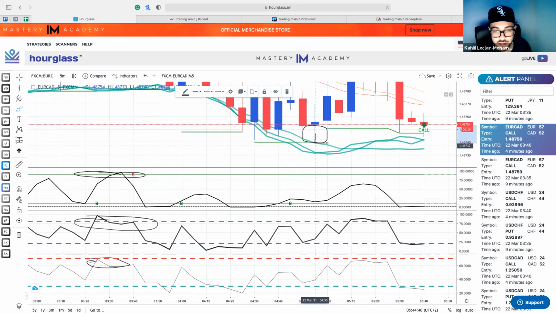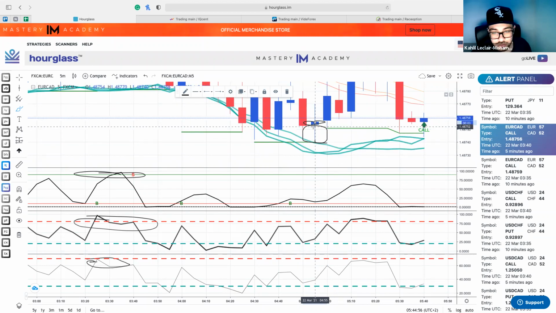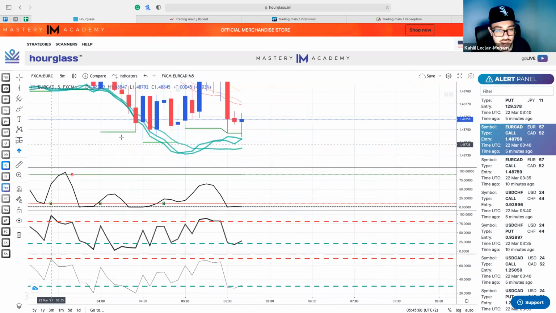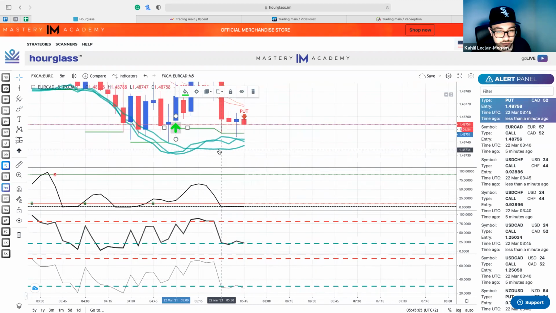You see a very long wick. The wick is longer than the body. So the wick, the stick of the candle, is longer than the body of the candle. And what happens in the next candle? We go up. So imagine if you got an up arrow right here.